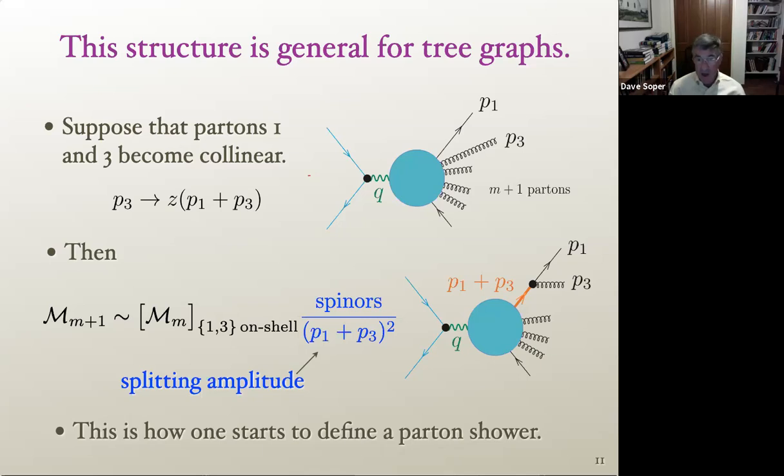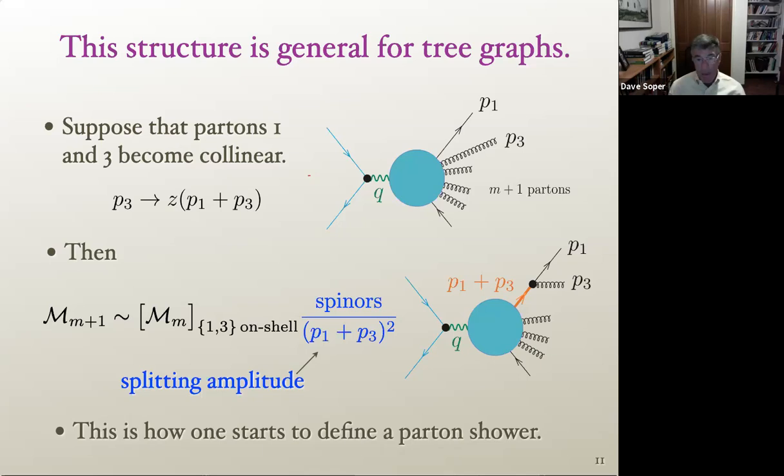And how does a diagram get to be singular? It gets to be singular when it's a diagram that has the structure of the bottom one, where P1 joins P3 and makes the propagator with momentum P1 plus P3. That diagram is singular because it's got a denominator (P1 plus P3) squared.